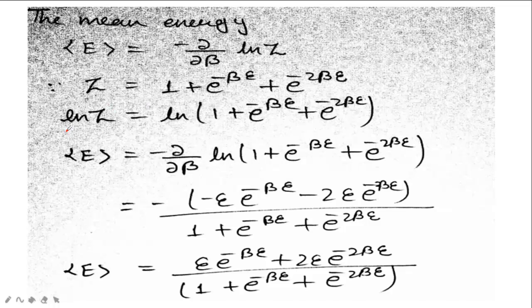First of all, we derive ln Z, then we put it in the formula, and then we do one derivative with respect to beta, and we get our answer, which is this one: epsilon exponential minus beta epsilon plus 2 epsilon exponential minus 2 beta epsilon, over 1 plus exponential minus beta epsilon plus exponential minus 2 beta epsilon. So this is the answer for the question.